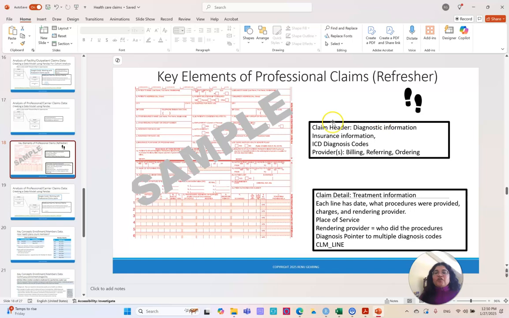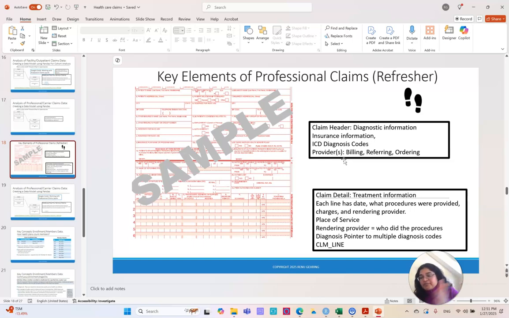As a matter of form, in the claim header you'll see a lot of diagnostic information and insurance information. So there are going to be diagnosis codes. And there are many fields for the providers. Who is the billing provider? The billing provider could be someone or an organization, a physician group, for example. Then there's a placeholder for a referring provider.